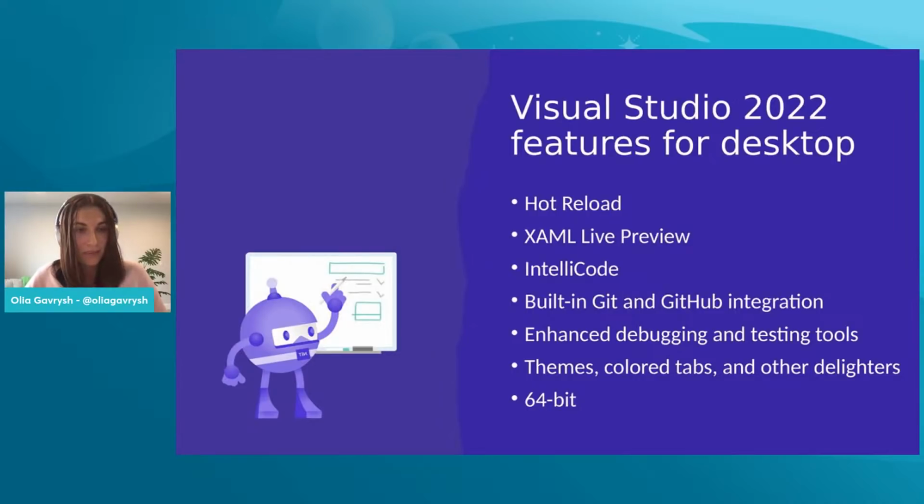We have different themes. Now you can colorize Visual Studio to your liking and upload even third-party themes that we developed in collaboration with the open source community. We have different color tabs, and Visual Studio 2022 is the first Visual Studio that is a 64-bit application. So now you can really take advantage of all the performance that you can.